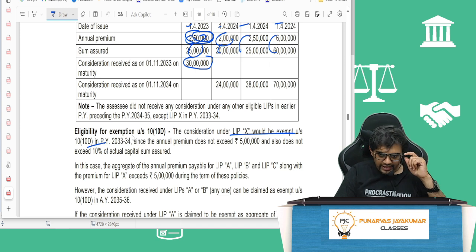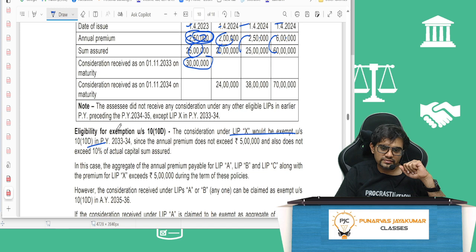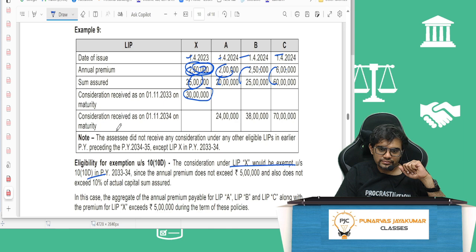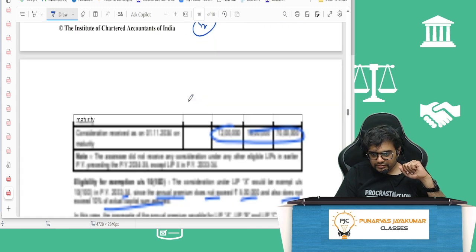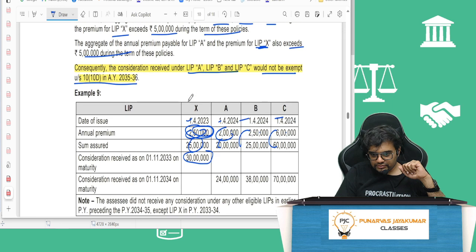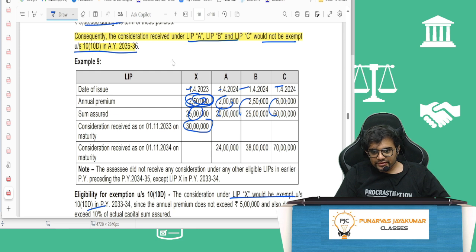Then you see aggregate of ABC exceeds 5 lakh in terms of these policies. For sure. You see this here. What does it say? Earlier exempted policy plus current policy should be less than 5 lakh rupees.